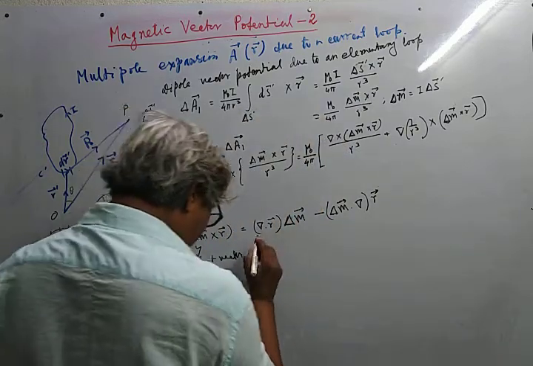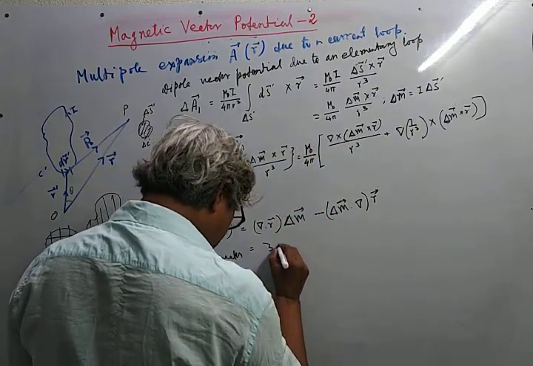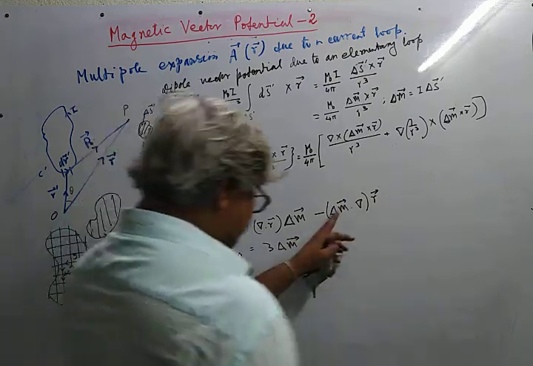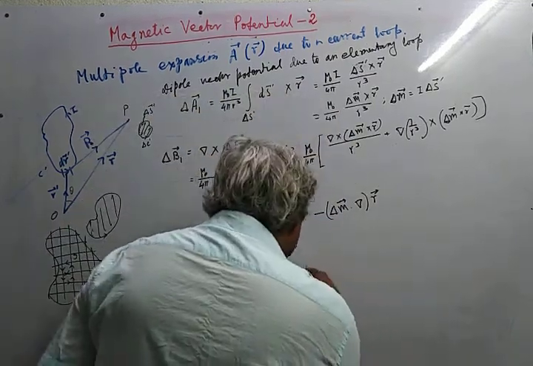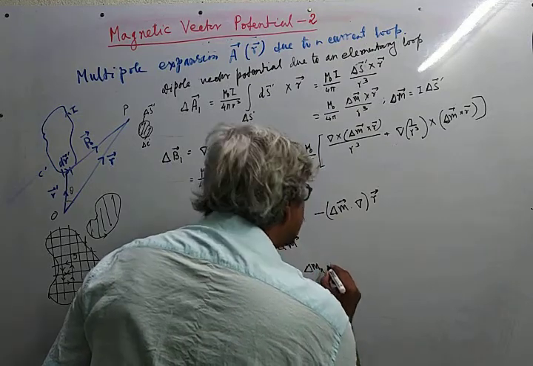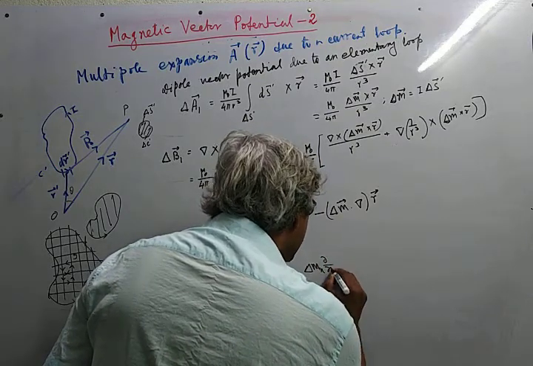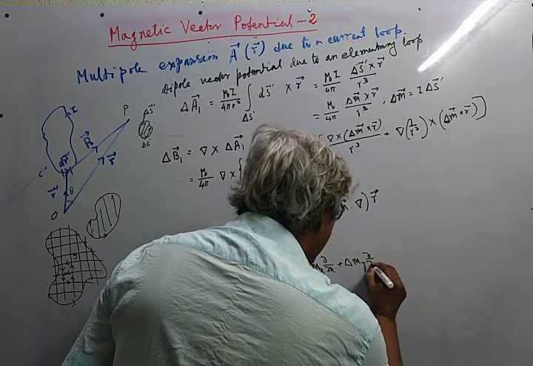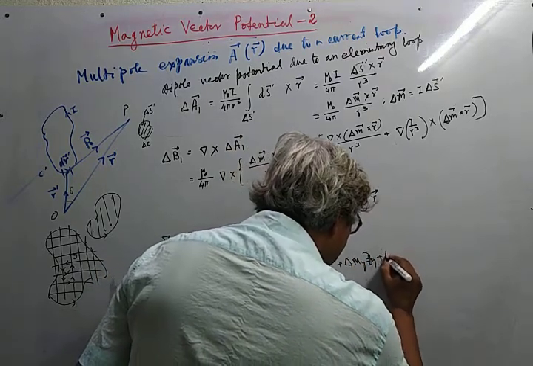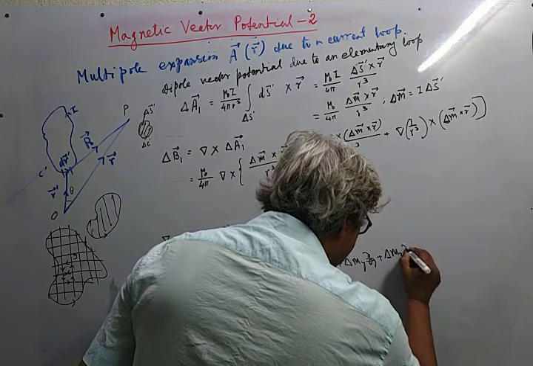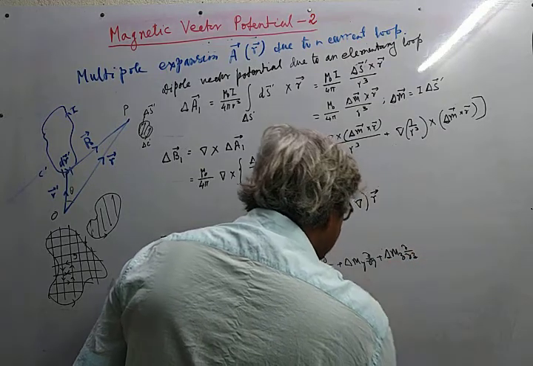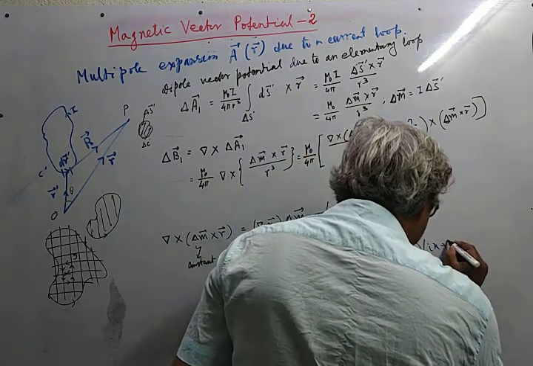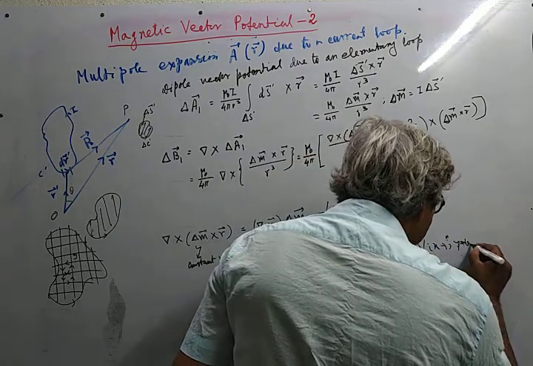This is simply 3, and for this part, this is delta mx del del x plus delta my del del y plus delta mz del del z. This operates on r, meaning i cap x plus j cap y plus k cap z.